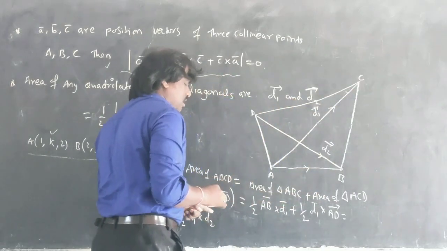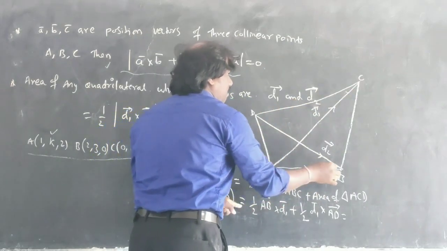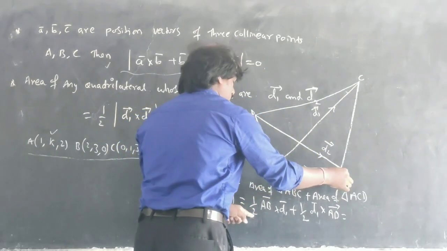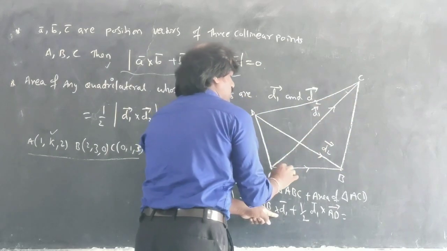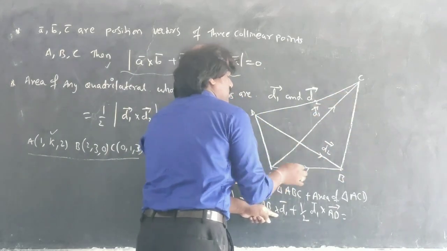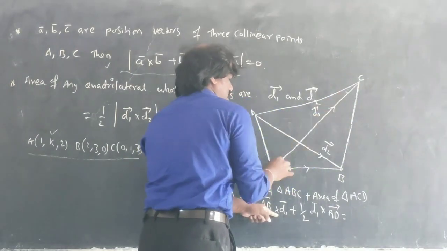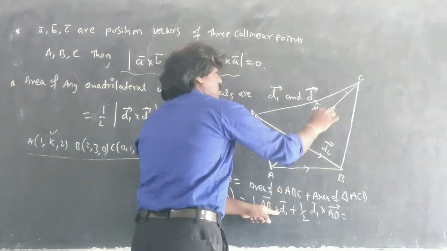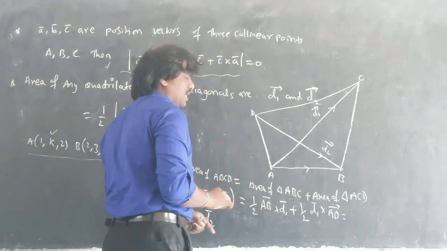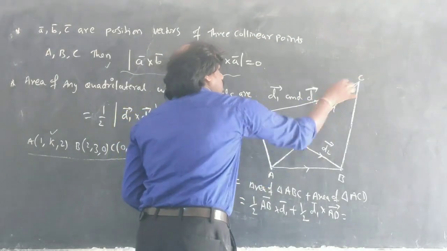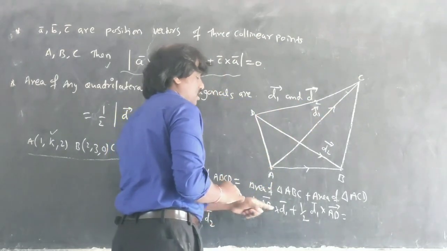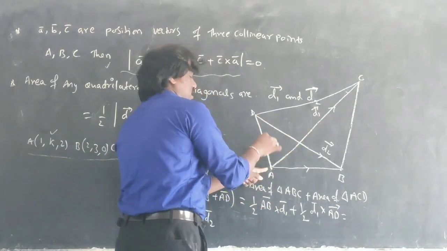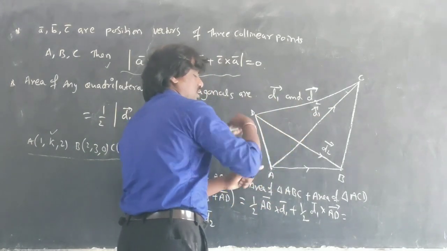So the area of the triangle ABC can be written as half of AB cross D1, because these are the two adjacent sides of this triangle ABC. So half of AB cross D1 plus, now the area of this triangle will be half of D1 cross AD.